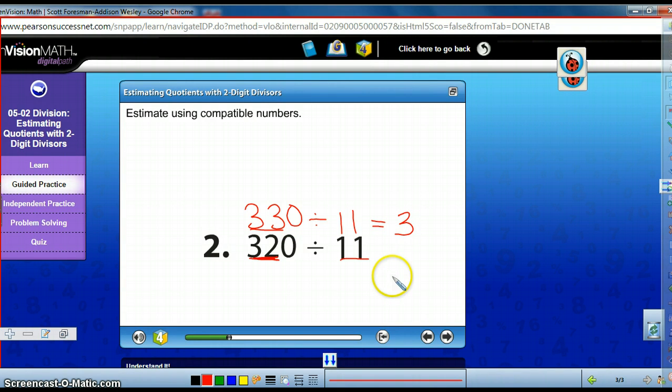And now 11 times 3 is 33, but we have a 0 here, so that means we're going to have to add a 0 here. 11 times 3 is 33 with 1 zero. Basically, I just mapped it out. You take 30 times 11, and then you just keep out the first 3, and you get 11 times 3 is 33 with a 0.